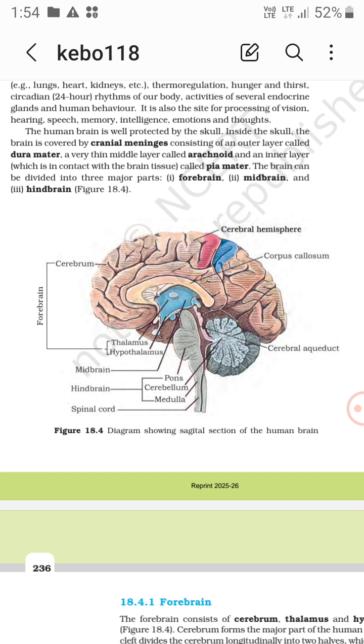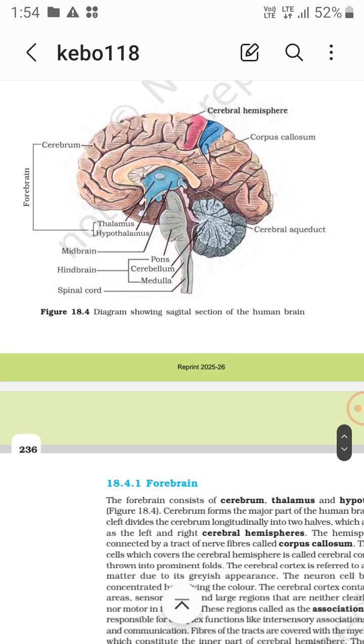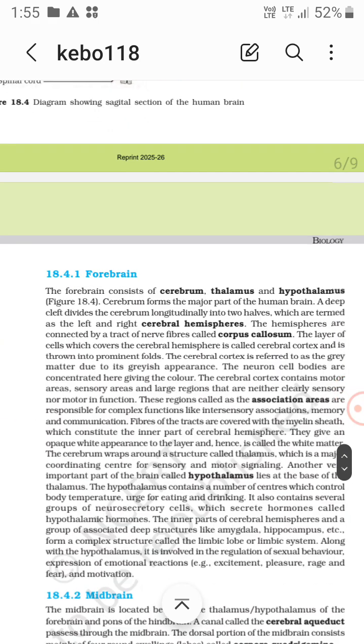Adjacent to the thalamus and hypothalamus there is a midbrain, and on the lower side you can see the cerebral aqueduct that passes through the midbrain. Then there is a hindbrain that contains first pons, then cerebellum on the back side, and then medulla, then the spinal cord. So this is the sagittal section of the human brain.